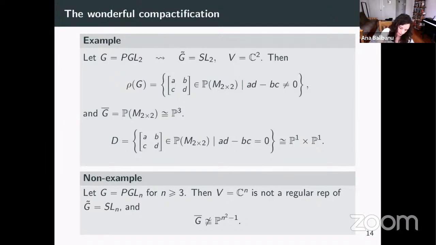And in fact, you can see that for n strictly greater than 2, the compactification that you would get from the standard representation doesn't have the wonderful properties that I said on the previous slide, because the boundary divisor in this case is just the vanishing locus of the determinant, which is irreducible, but it does get singularities where your matrices drop rank. So it's no longer smooth.